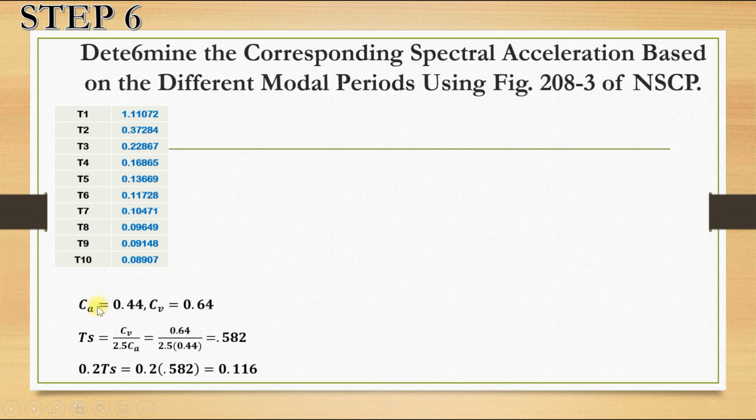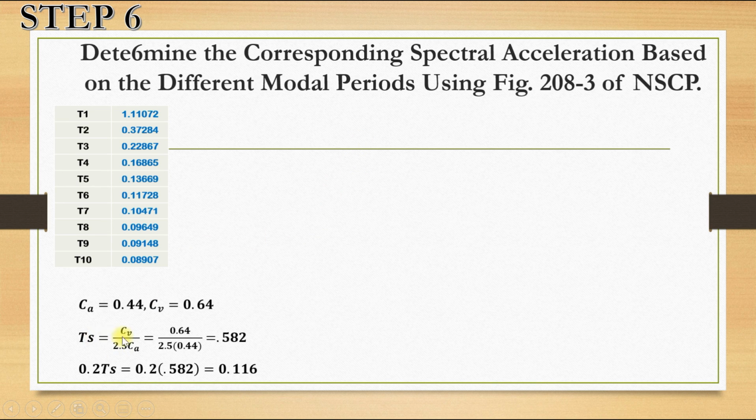So, syempre, i-apply natin yung given kanina na CA, which is equal to 0.44, and the CV, which is equal to 0.64. So, gagamitin natin yung formula ng TS at saka 0.2 TS na kung saan kakailanganin natin ito para mamaya sa graph.